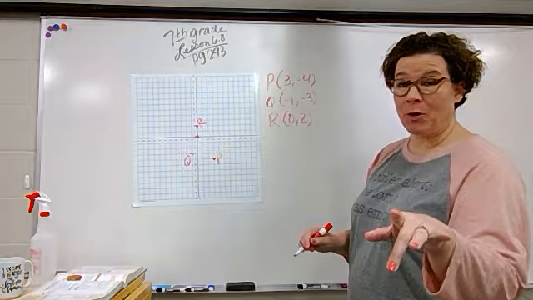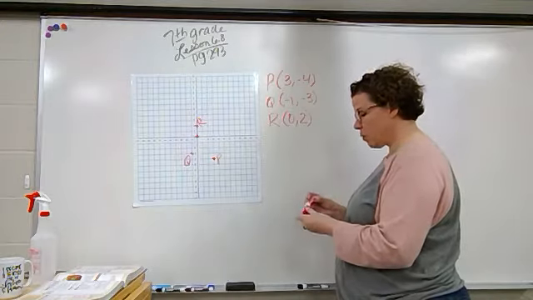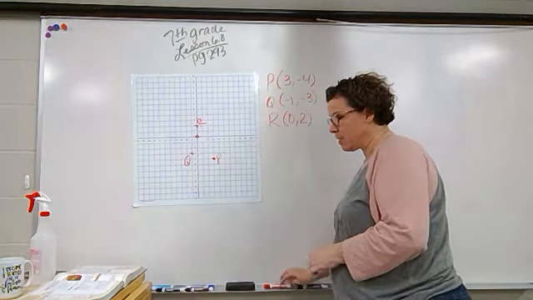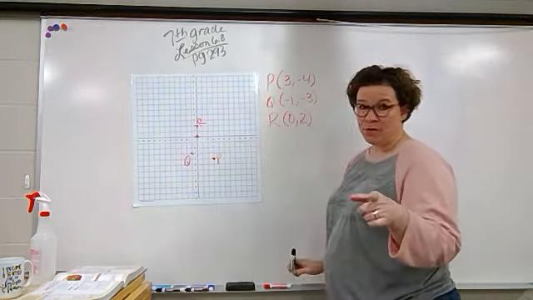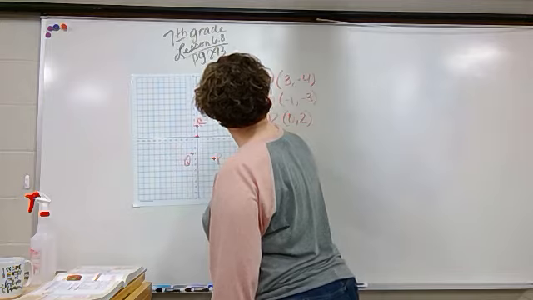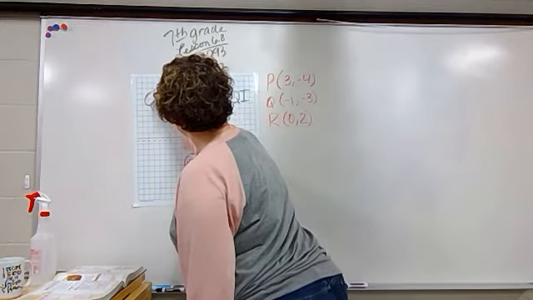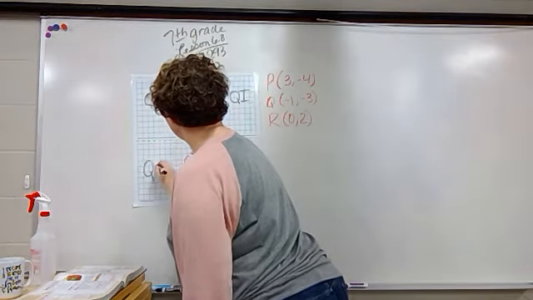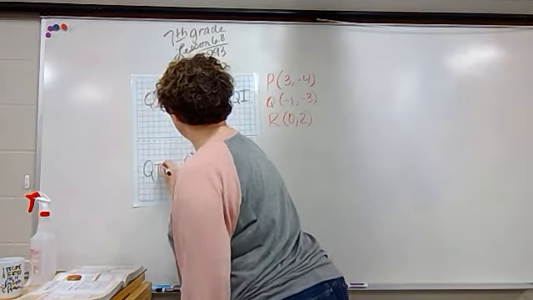But we forgot to do part of it. The other part of the question is to tell its location. Remember to read the directions in your homework, okay? Sometimes it wants you to tell me where it's located. Point P, this is quadrant 1, this is quadrant 2, this is quadrant 3, and this is quadrant 4.